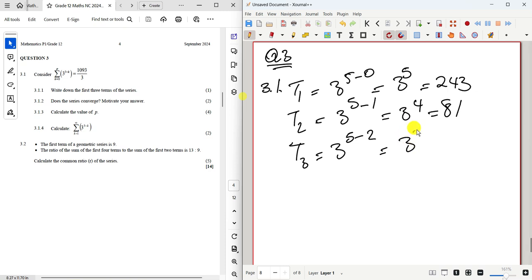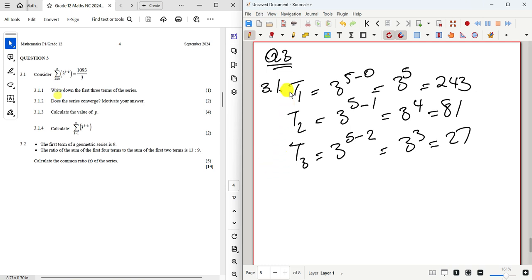It will be 3 to the 3, which is 27. And these are the first 3 terms. Remember, the first term doesn't mean that you must say 1. The first term starts at k equals 0.